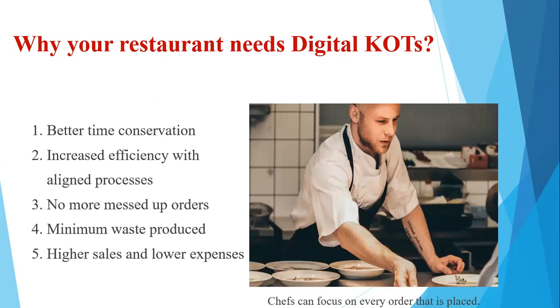That will save time, increase efficiency, mean no more messed up orders, minimum waste, higher sales and lower expenses. And the chef can focus on every order that is placed instead of looking here and there for the papers where the orders are noted.